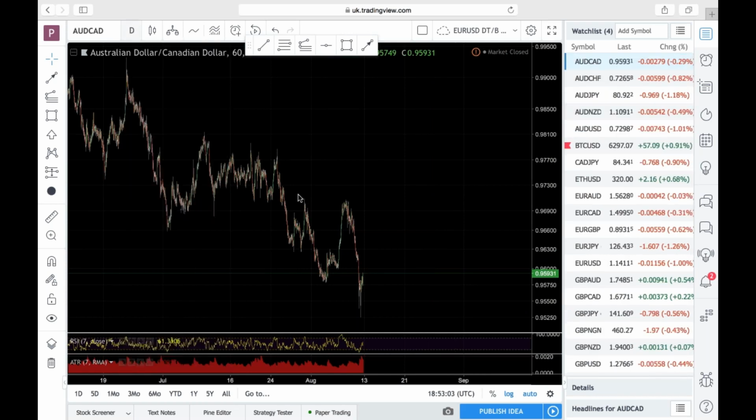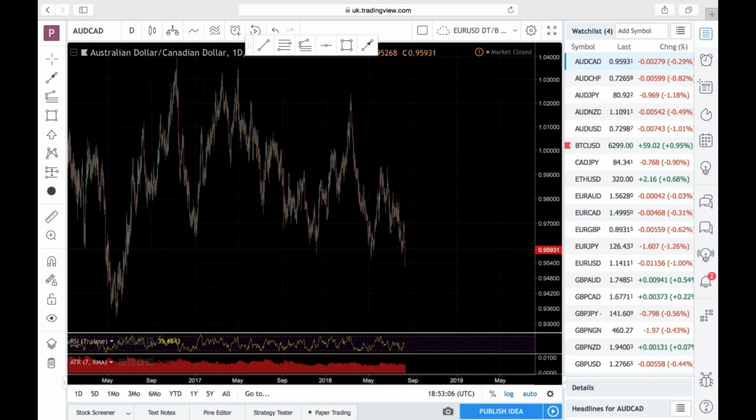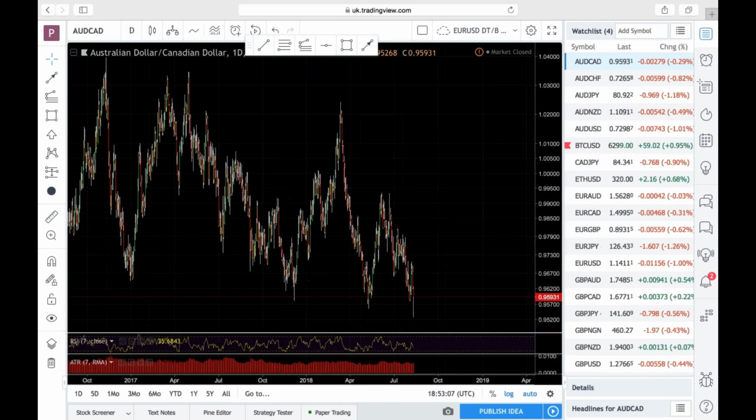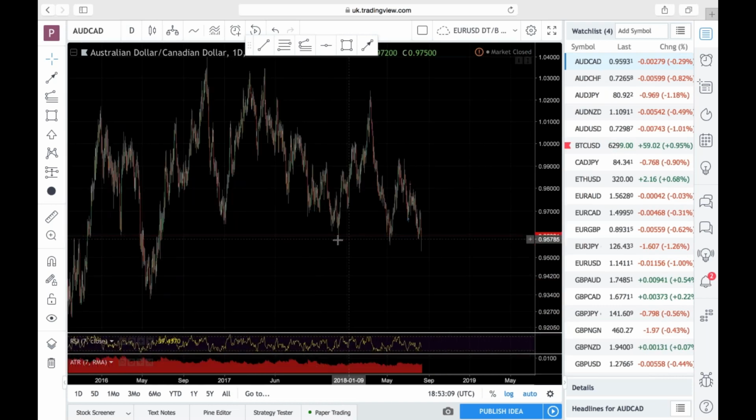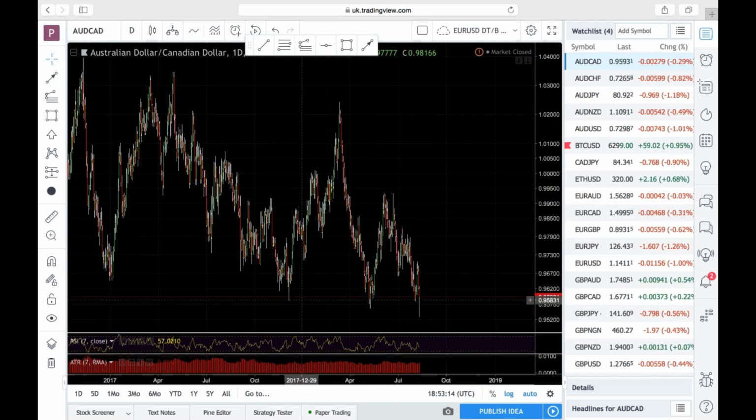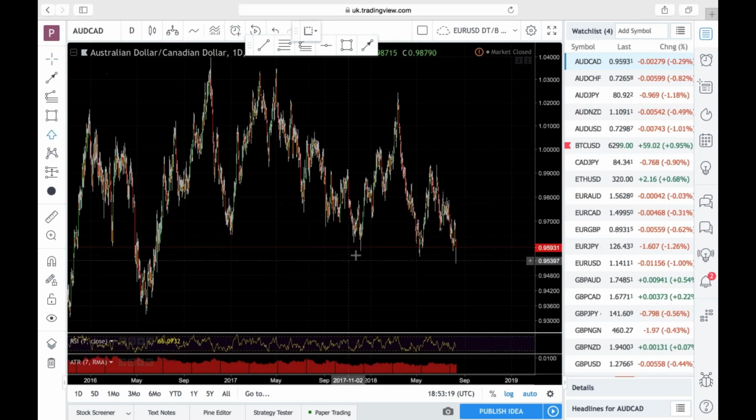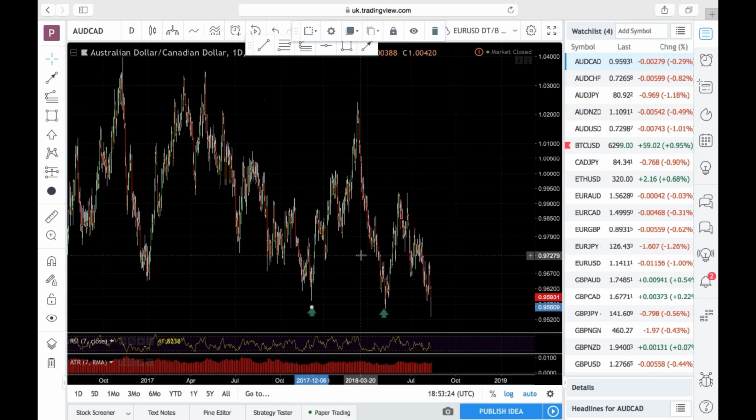So the Aussie CAD, we are at a very, very major structure level down here. If you have a look, this is the daily, don't forget. You know, we clearly have something going on here.